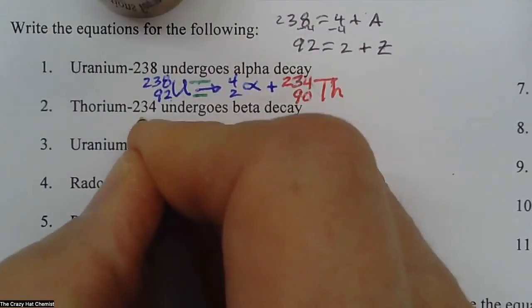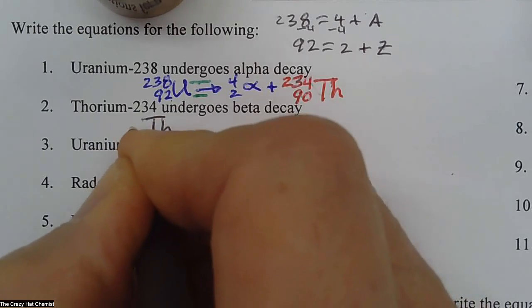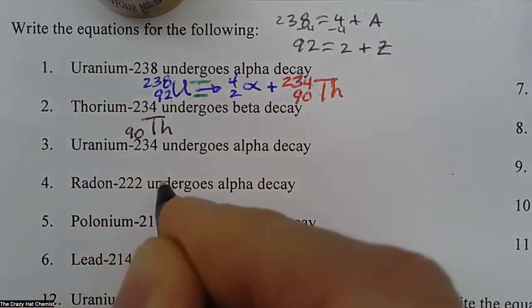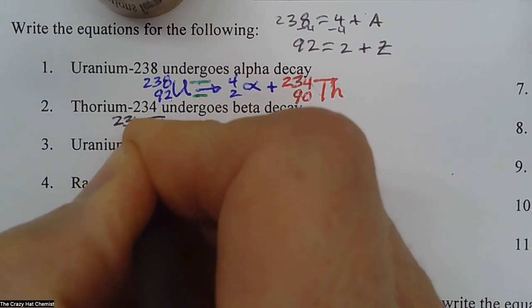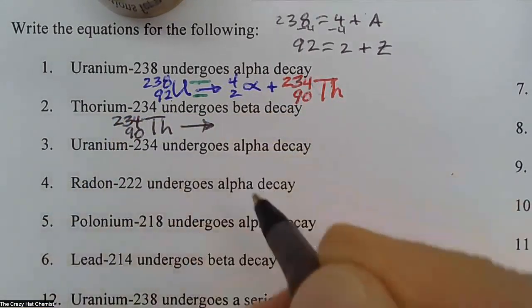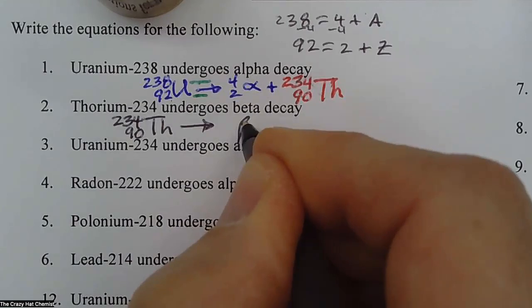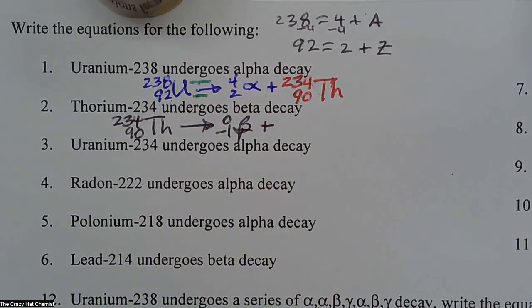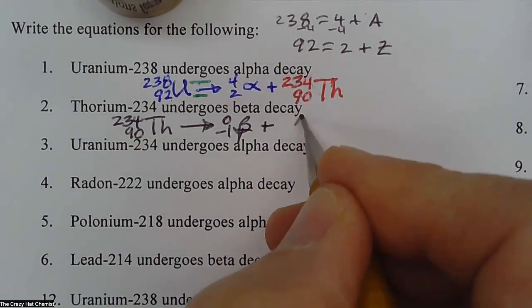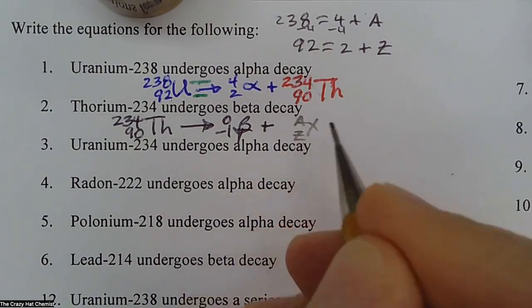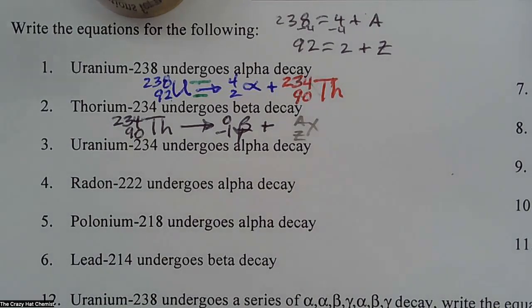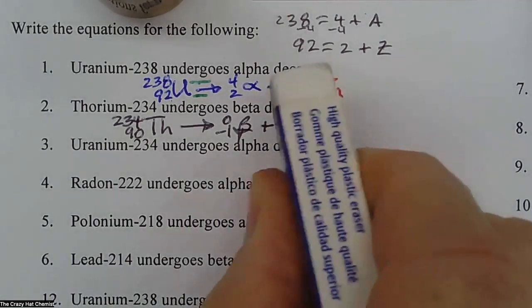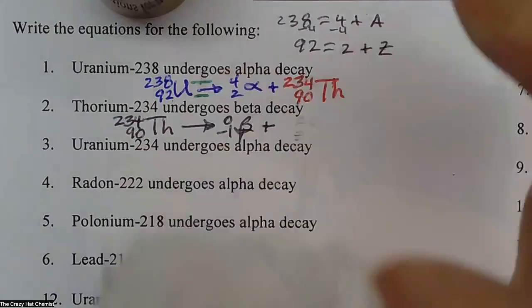So we have TH, atomic number 90, its mass is 234. Undergoes beta decay, so beta particle 0, -1, plus, and what we are looking to solve for is A, X, Z, right? Everybody's got that format. I'm going to erase this because that's what we're going to be solving for.